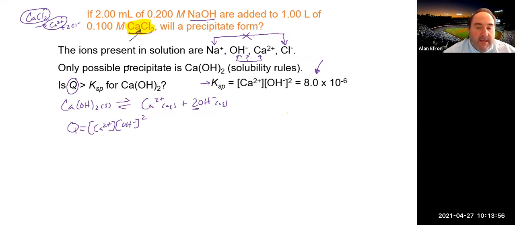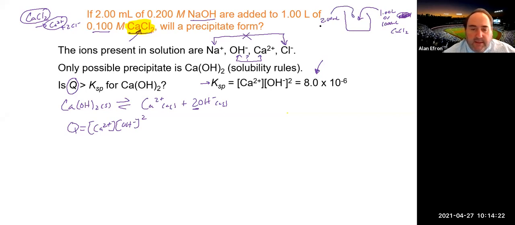That is basically a 1-to-1 relationship between those two, which means we just need to figure out the concentration of this one. Now, the concentration of this is not 0.1 anymore, because remember, we're taking a beaker and dumping in 1 liter or 1,000 milliliters of the calcium chloride. And in there, we're also dumping 2 milliliters of the sodium hydroxide.